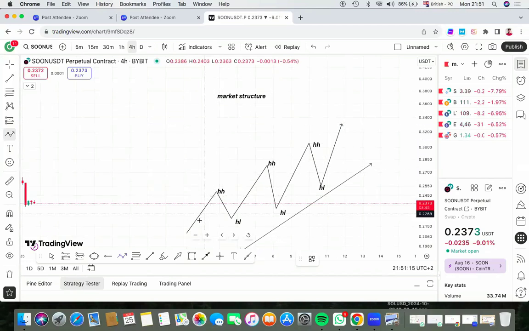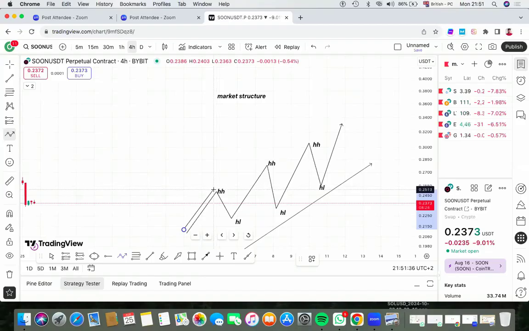But it's not like it moved in a straightforward direction. It started to move gradually, and it started to break structures. So if markets did something like this, they move like this, and we know it doesn't move in a straight direction.